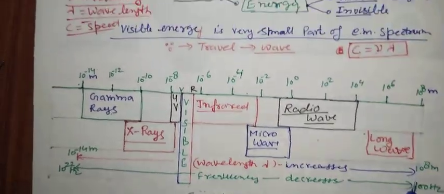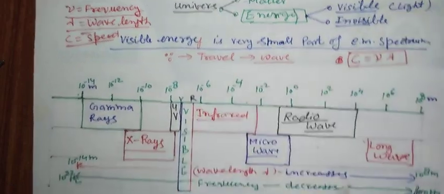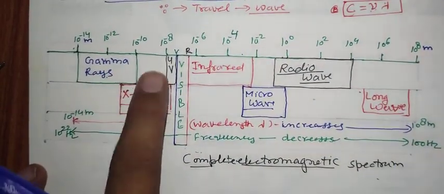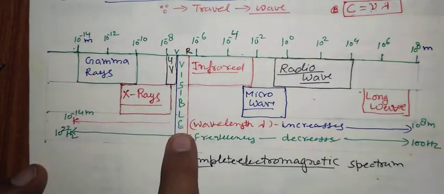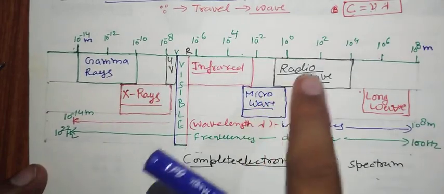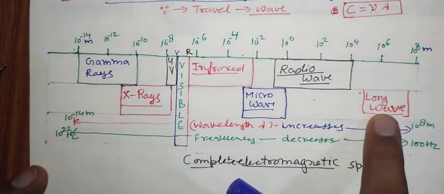This is about the whole electromagnetic spectrum, in which gamma ray, X-ray, ultraviolet ray, visible spectrum, that is light rays, infrared, microwave, radio wave, and a large variety of long waves.